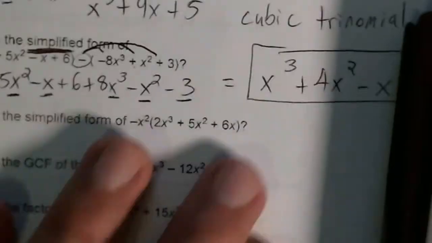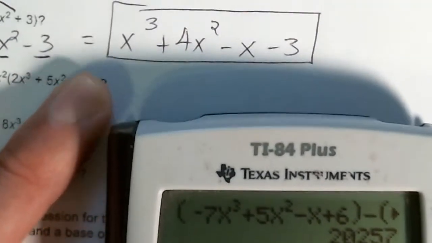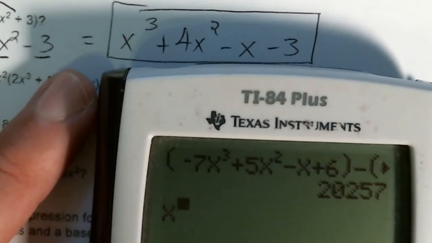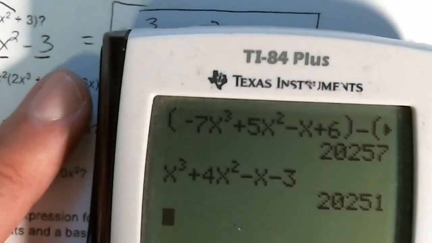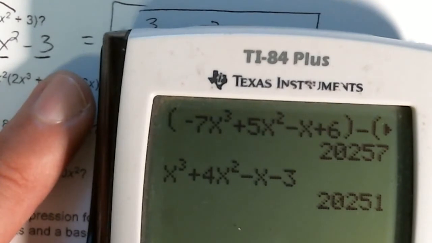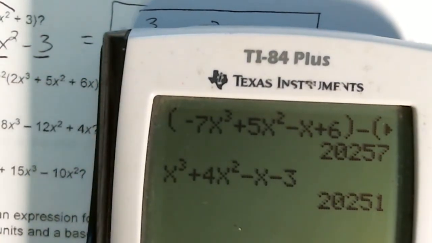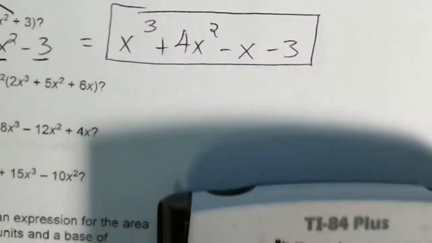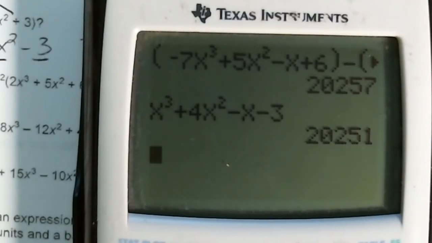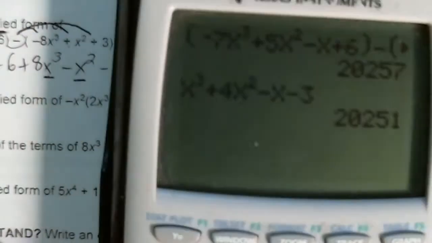Okay, fine. Type in our simplified answer. X cubed, drop the cursor, plus 4x squared minus x minus 3. Ta-da! Oh, wait. Huh. That's interesting. Let's try that again. I'm not sure what happened there.